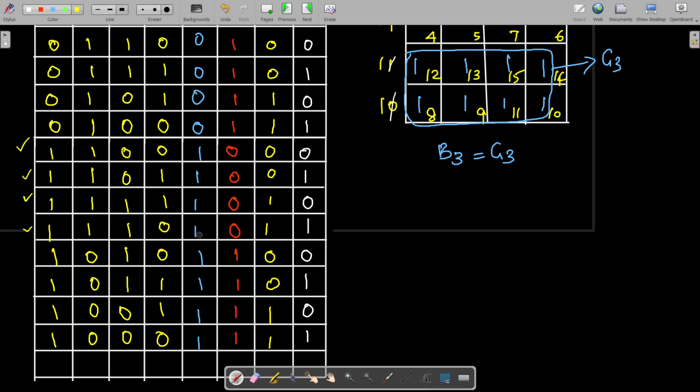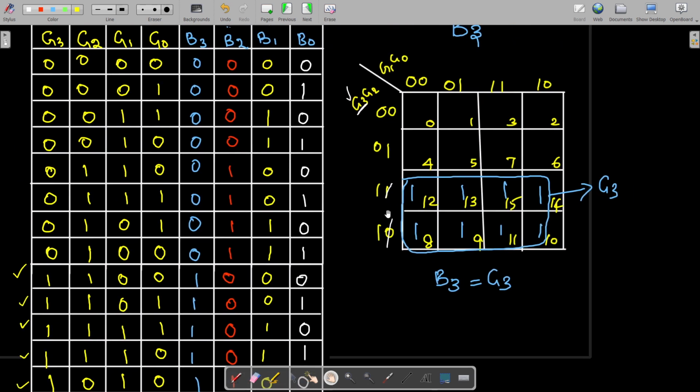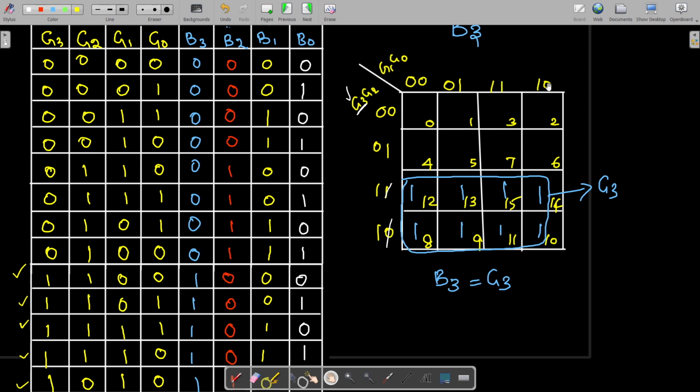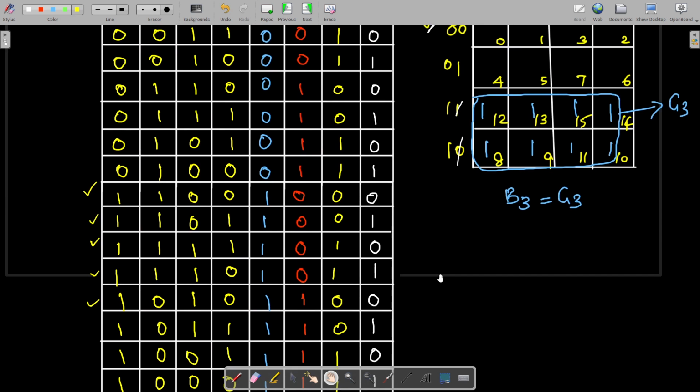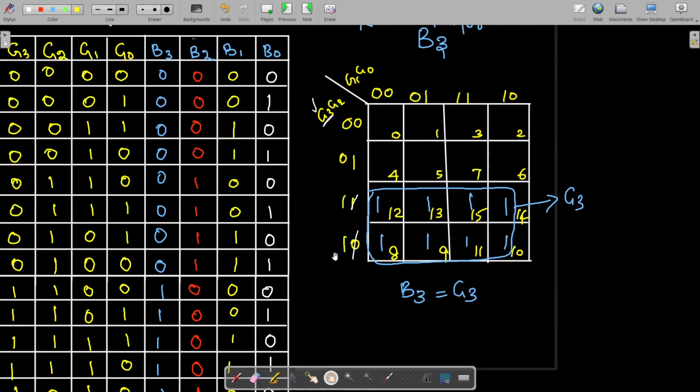Now we are going for this one. This one at B3 corresponds to 1010, isn't it? So 1010, you come over here, it is 10, then this 10. So here we are placing a 1. Then you go for the next one. For this one, it is 1011. So 1011 means here 10, then 11 here.